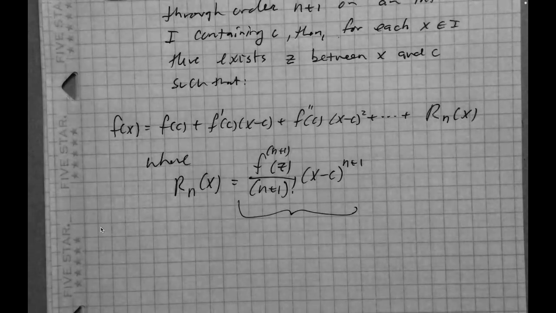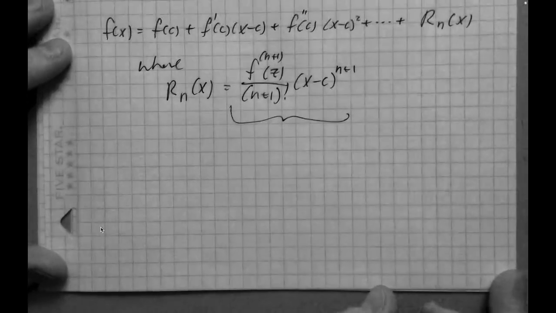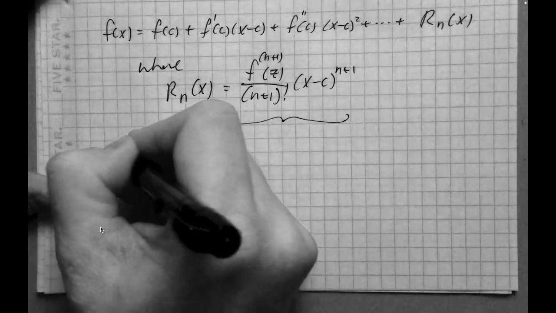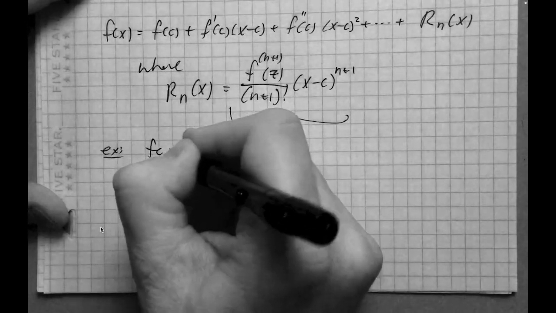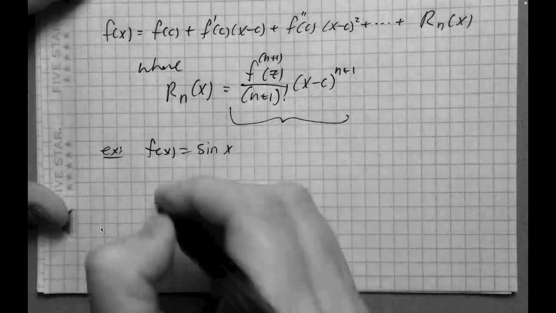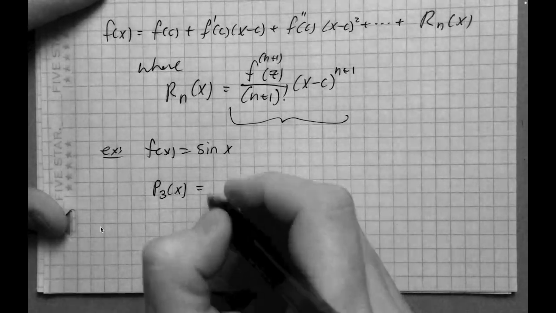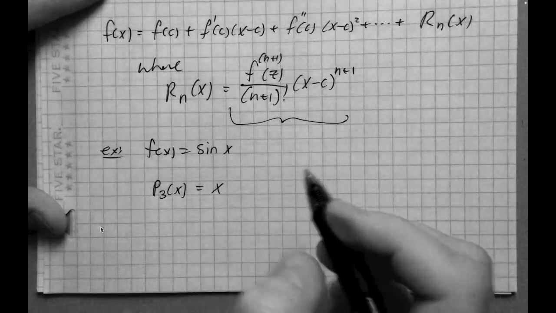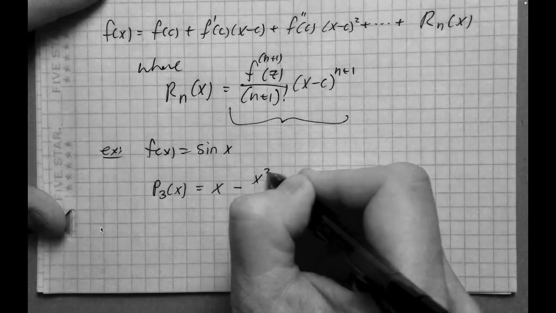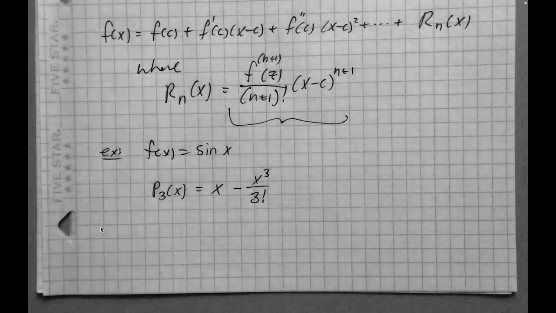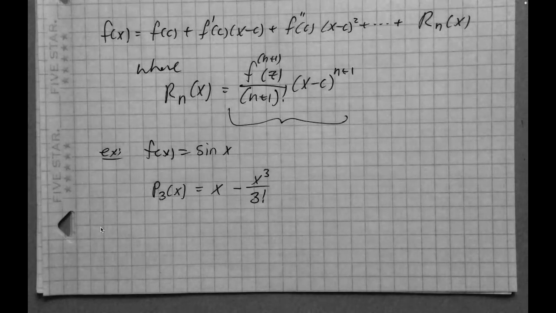Okay. Let's see an example. Maybe an example will help clear any confusion. So example. Let's take f of x equals sine x. Then we know that p3 of x, we think we've calculated before, we just calculated actually, is x minus x cubed over 3 factorial. So this is the third degree Taylor polynomial for sine of x.